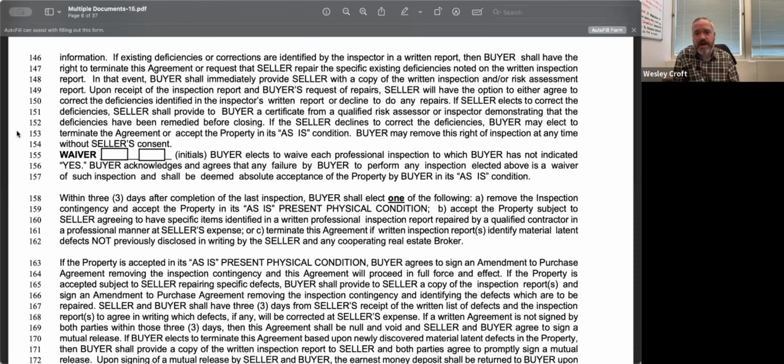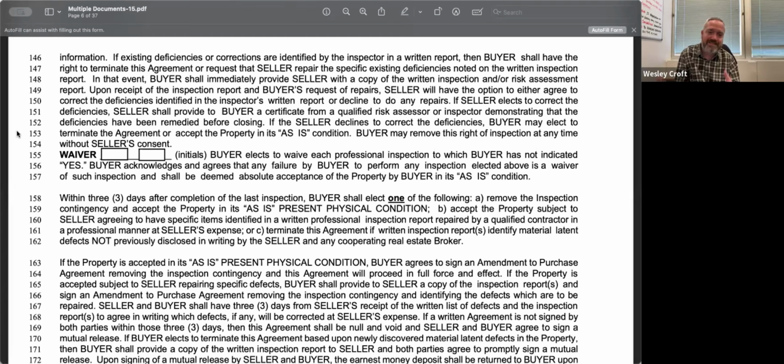The buyer is going to have to provide the seller with a written inspection. Then the seller has the option either to agree or not to agree. If the seller says, yeah, we'll do it, then they've got to provide a certificate from another inspector once it's been done. So, typical normal stuff that you think would have to happen.